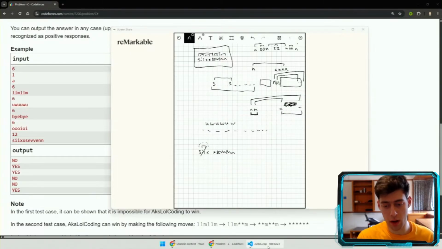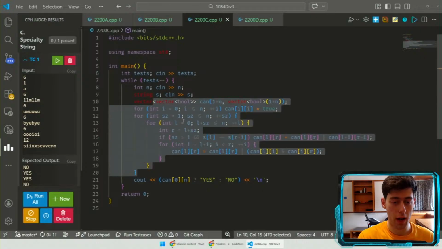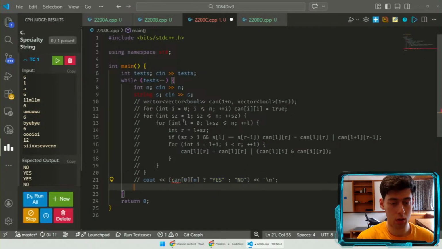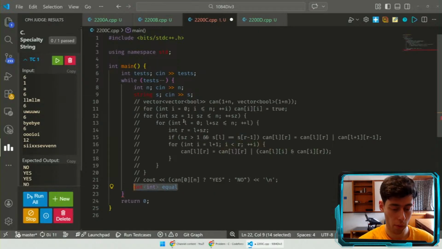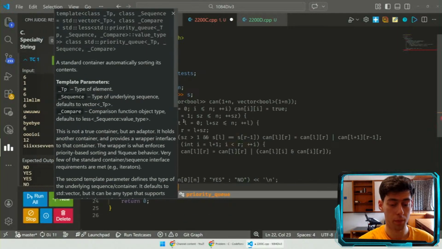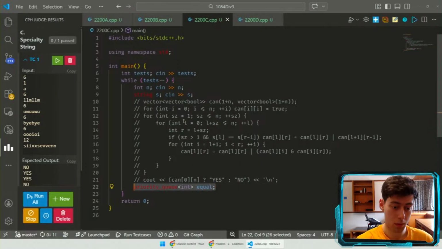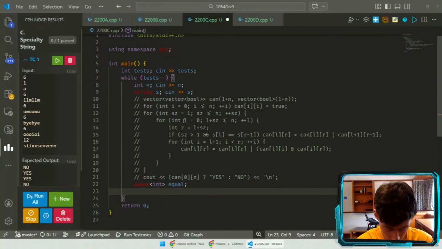It's like n log n. Yeah, no, this is wrong. Oh, we don't even need the log. We can just do linear with a queue.